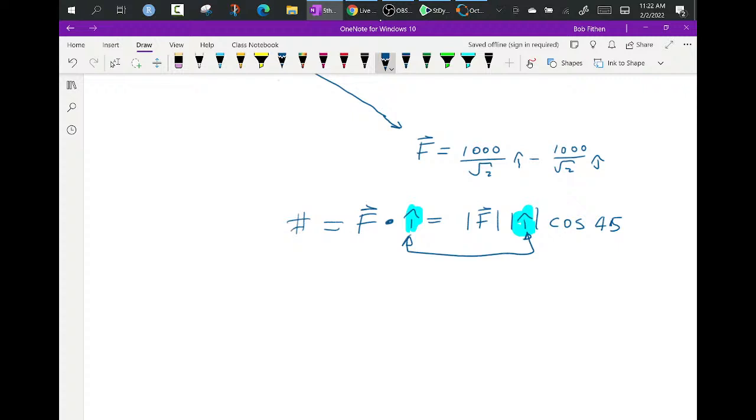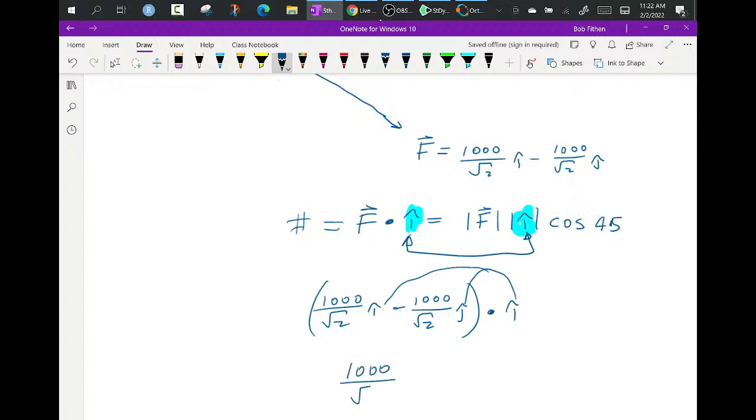If you go in here, this seems weird, but I'm dotting this. No, that's a minus. Dotted with the I, the I dot the J gives you nothing. The I dot the I gives you basically 1,000 over the square root of 2.